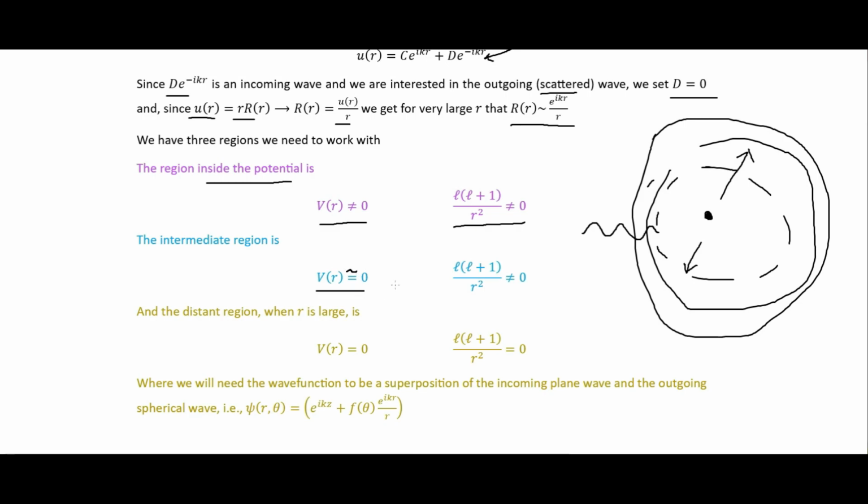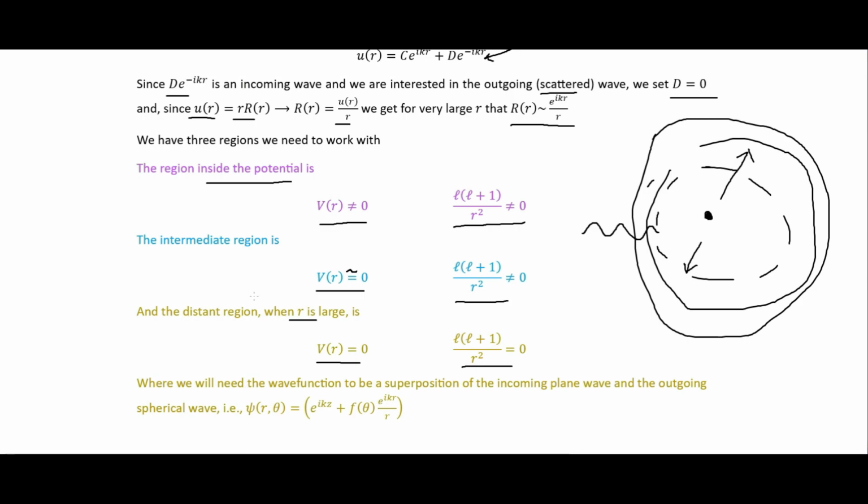It's close enough that we can just call it 0, but we will still have this centrifugal term that will not be equal to 0. Then we will have the distant region, when r is large, where the potential will be 0, and we can think of the centrifugal term here being 0.